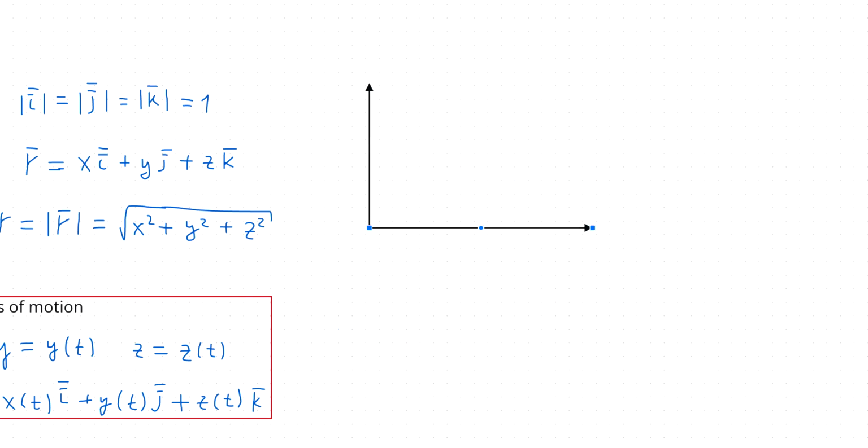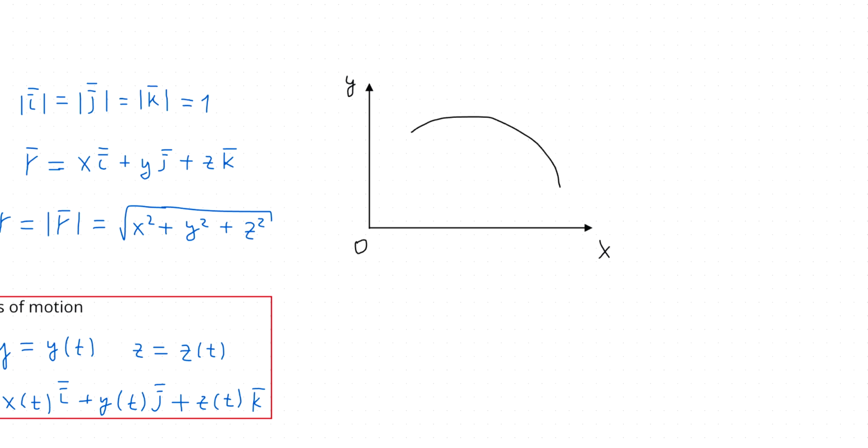So we have a two-dimensional Cartesian system x, y. Origin is O, and let's draw some trajectory of material point motion.